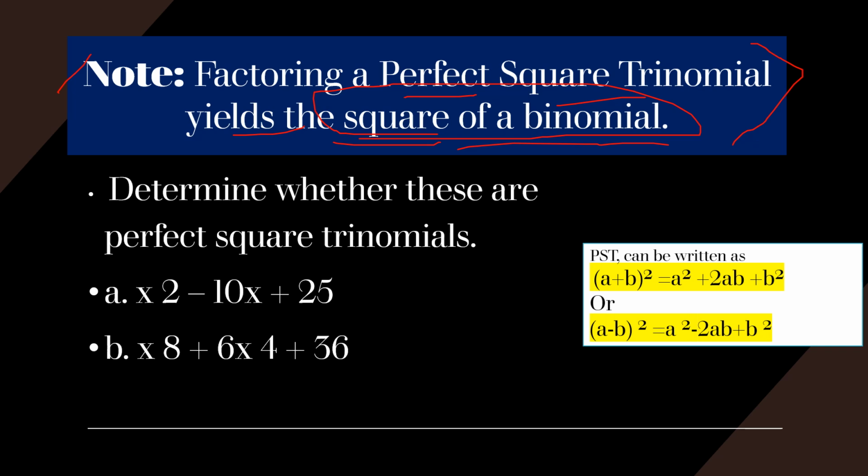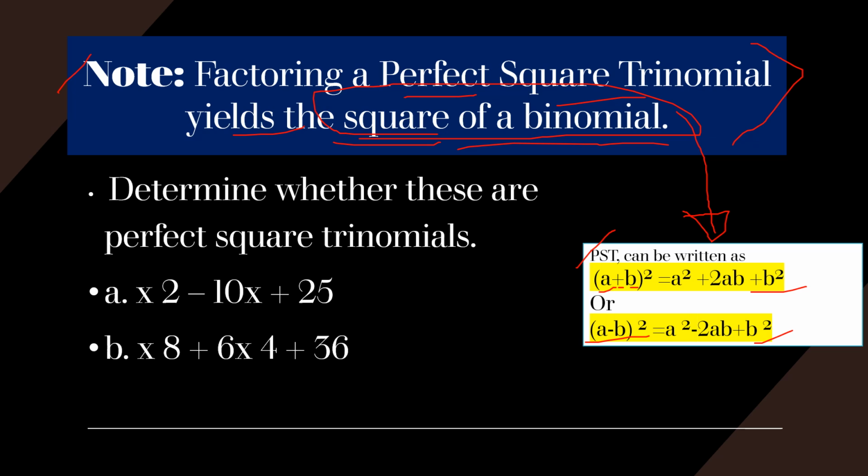It can be written in the form: the perfect square trinomial, or PST, can be written as (a + b) squared, which is equal to a squared plus 2ab plus b squared. Or (a - b) squared is equal to a squared minus 2ab plus b squared.